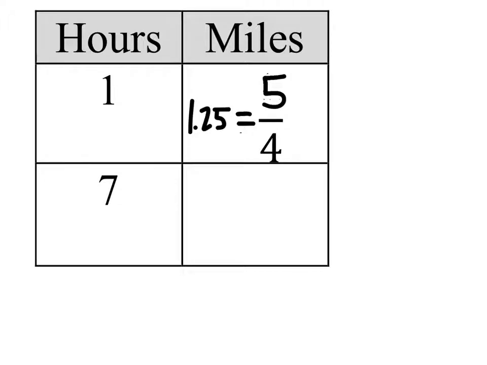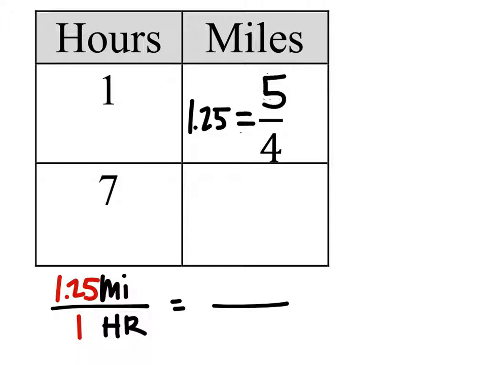So this is actually the same rate, as it turns out. But now we're comparing this with 1 hour. If we look at the same ratio in miles to hours, then we can see that we'll go 1.25 miles in 1 hour.